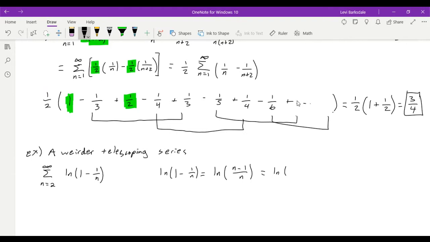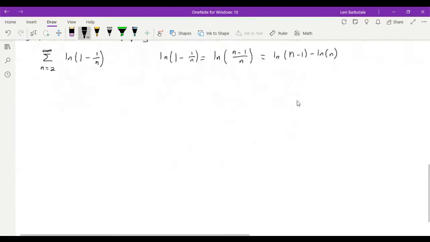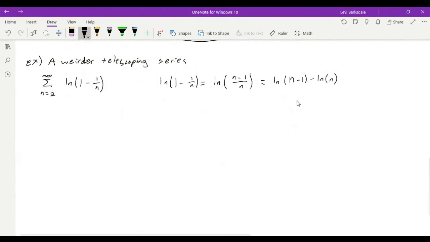And then using log properties, that's the natural log of n minus 1 minus the natural log of n. So then we can rewrite our sum like so. Natural log of n minus 1 minus the natural log of n.